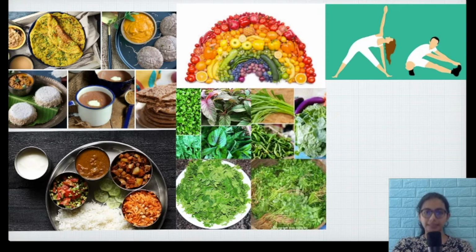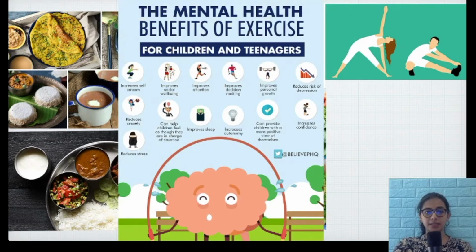So I know it sounds cliche, but just look at the benefits of exercise, right? Over here, it's specifically for children and teenagers. So it increases self-esteem, improves social well-being, it improves attention, decision-making, and it reduces the risk of depression.